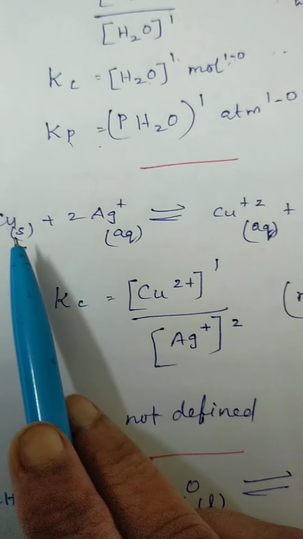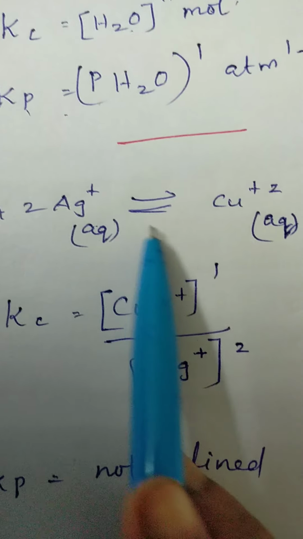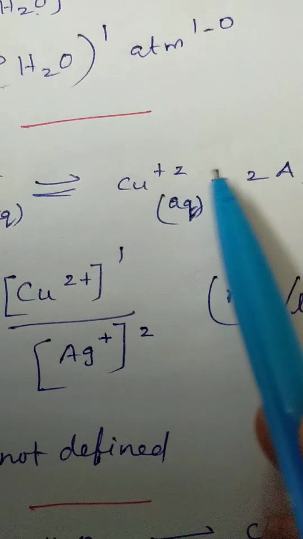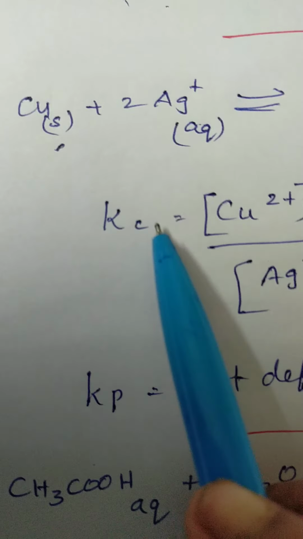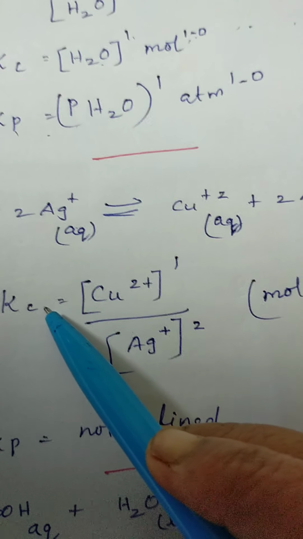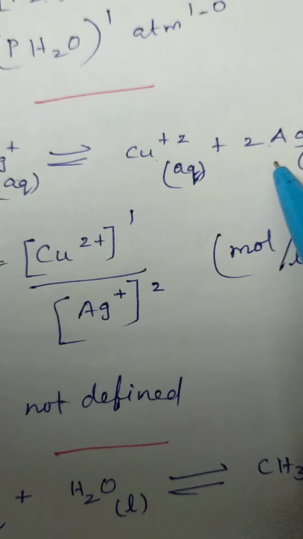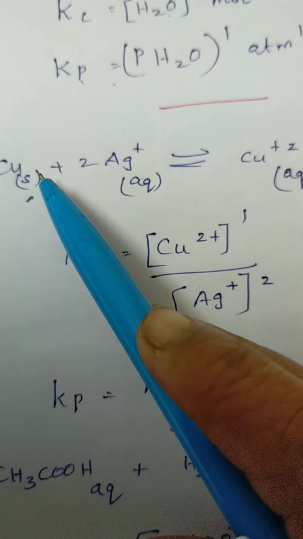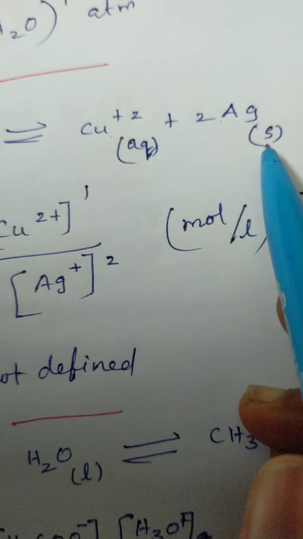Next example: Cu in solid state plus Ag+ aqueous gives Cu2+ plus 2 Ag. So what is the Kc? First we have to write the products. Here we should not consider Cu and Ag because they are in solid state.